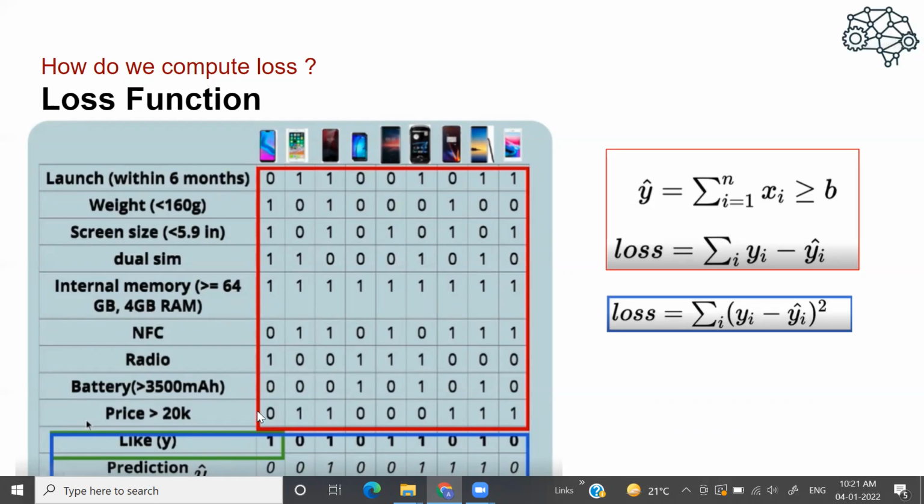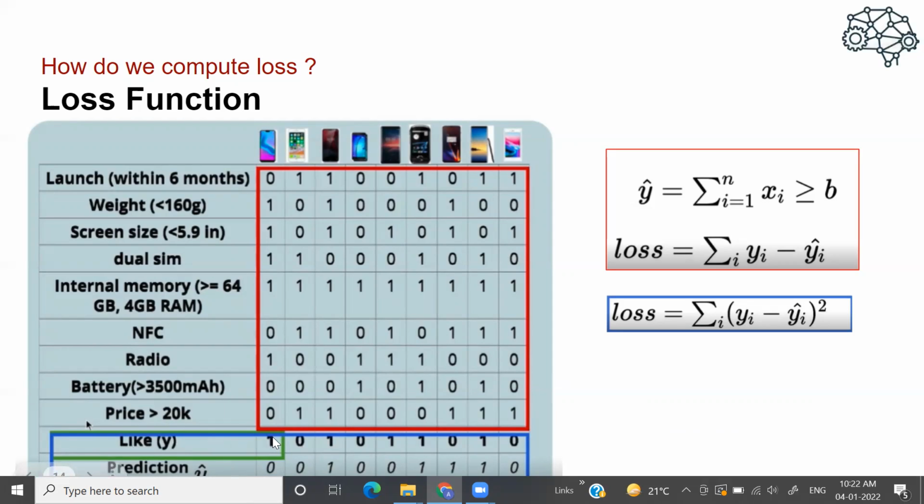Okay, so this is the data that you have gathered, and this is your target output. 1 means you like that phone, 0 means you did not like the phone. Now you have created a model that is capable of making predictions on those phones, right? And these are the predictions.